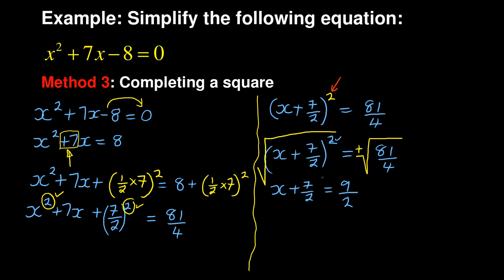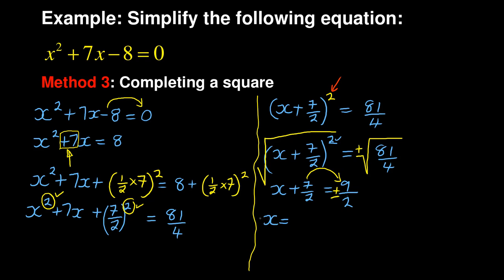You're going to take this value of 7 so that it jumps the equal sign to join 9 over 2. So you're going to have x is equal to, and again, just before I forget, remember you've got plus or minus on this other side.